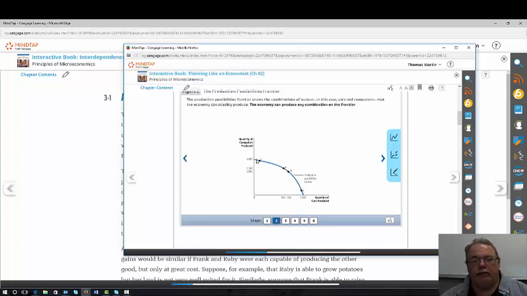What we're going to do is we're going to look at the points in the production possibility frontier. At all of these points, we can produce the given amount of cars and computers, any combination along this curve.